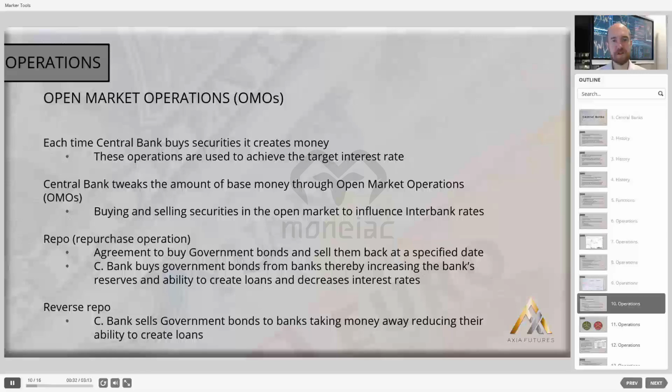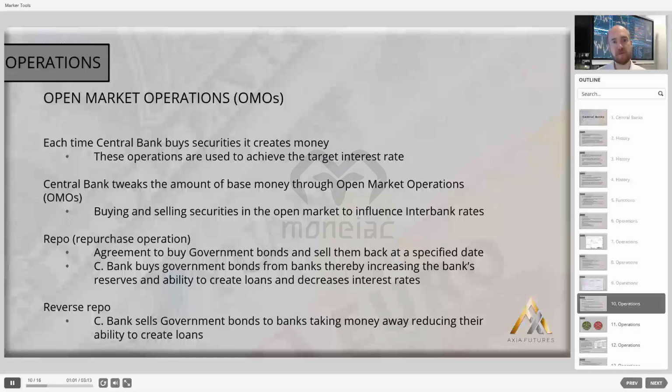Each time a central bank buys a security, it effectively creates money in the economy. The central bank prints or adds some extra money to the central bank money and then goes and buys securities from a commercial bank. What this then does is feed money into the economy. The idea here is that by feeding money in or by withdrawing money from the economy, they can very short term tweak the interest rate.